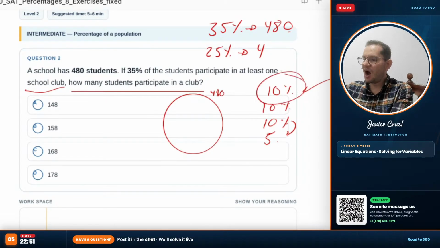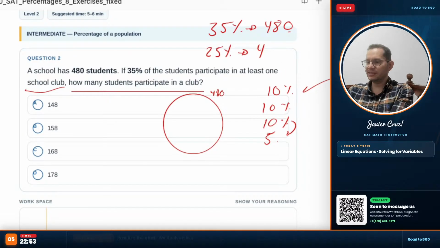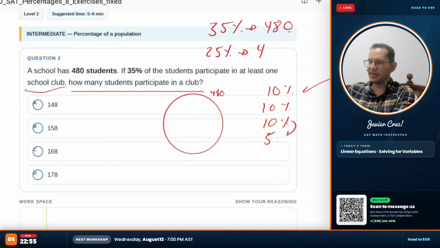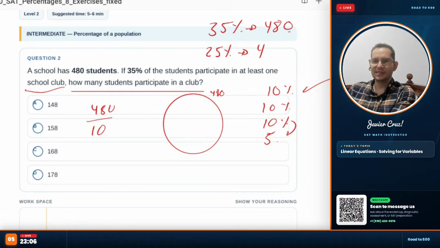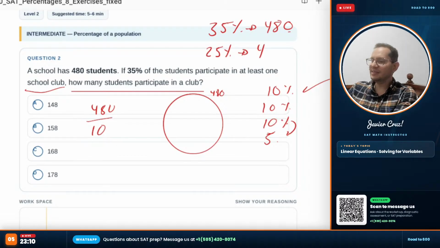Okay, let's try. How do we find the 10% of 480? So the best way of finding the 10% is to divide by 10. Why? Because 10 times 10 is 100, right? So that's why we divide by 10. It doesn't mean that if we need to find 20% of any number, we need to divide by 20.